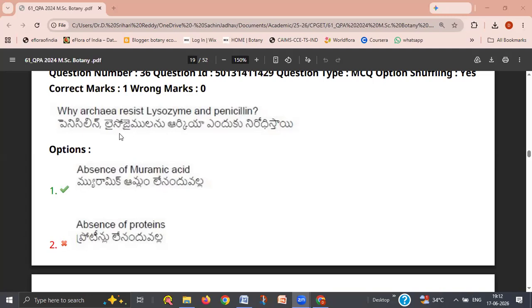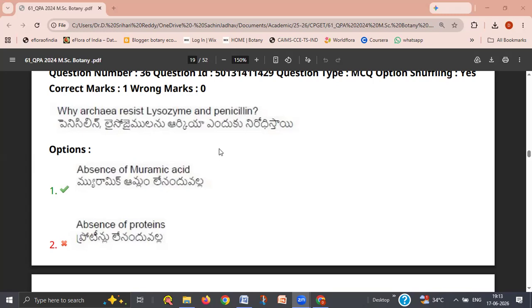Usually it is one of the mechanisms used by the bacteriophage for the lysis of the bacterial cell wall. So these two, penicillin and lysozyme, act on the cell wall of the bacteria. And here what they are asking is why these two, penicillin and lysozyme, cannot act on the archaebacteria or archaea. That is the question.